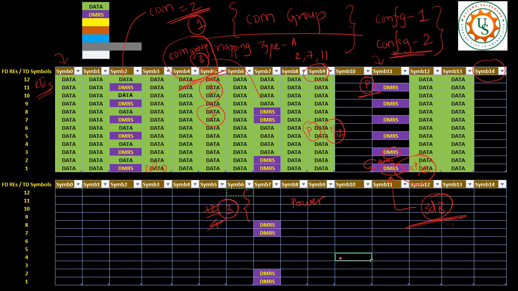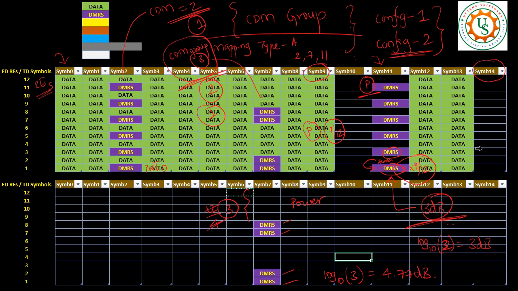So 3 times extra power can be given to these. 2 times extra power is 10 log 10 of 2, which is around 3 dB extra. Similarly here you have to do 10 log 10 of 3 times, which comes around 4.77 dB extra power.